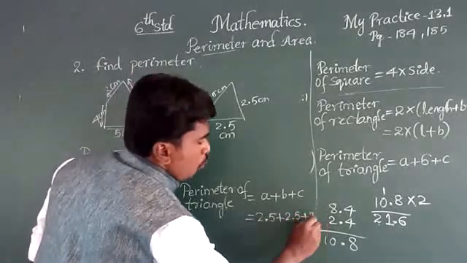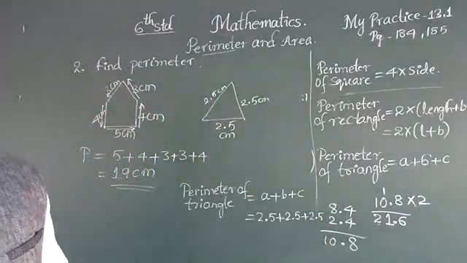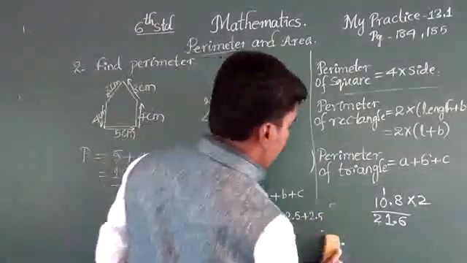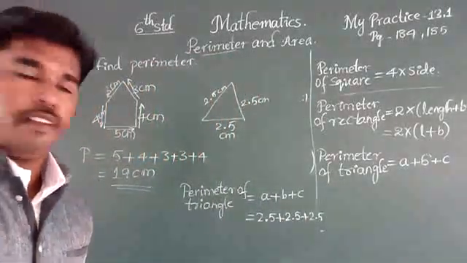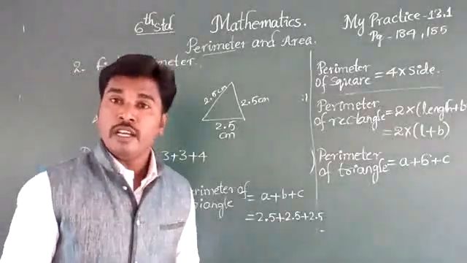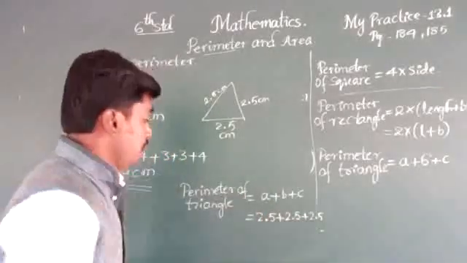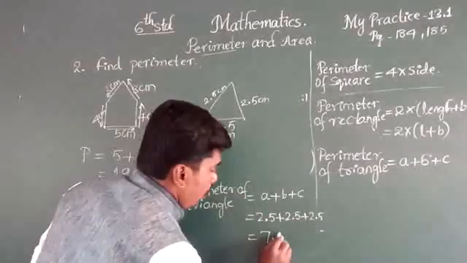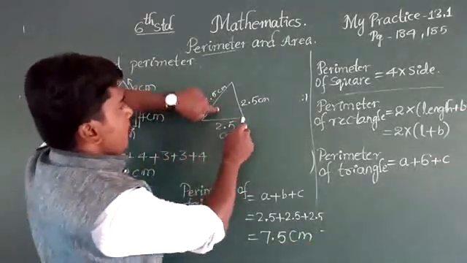C is also 2.5 centimeter. Now you add it, then how much are you getting? Observe carefully, dear children, 2.5 plus 2.5. How much are you getting? It is 5. 5 plus 2.5 becomes 7.5 centimeter.